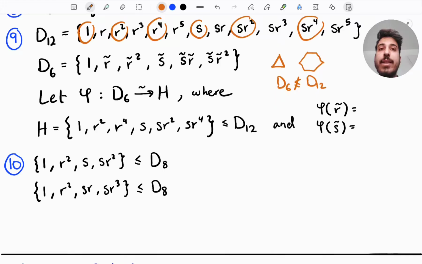However, D6 and H are two different sets, because remember, the rotations in a triangle are not the same as the rotations in a hexagon.